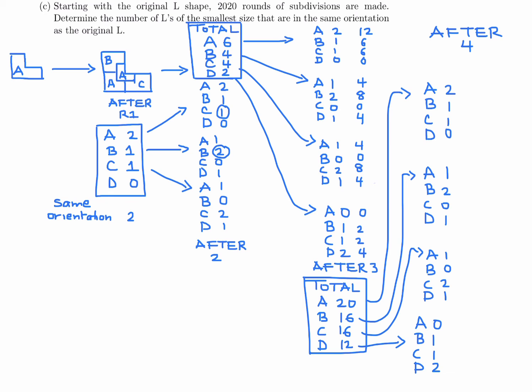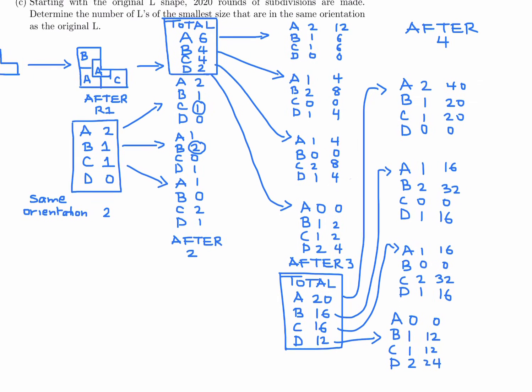So 20 times 2, the totals would be 40, 20, 20, and 0. Now, 16 is what I have to multiply by these. So it's going to be 16, 32, 0, and 16. Also 16 is what I multiply those by. So that's going to be 16, 0, 32, and 16. And this is 12. And that's what I have to multiply here. That's going to be 0, 12, 12, and 24.